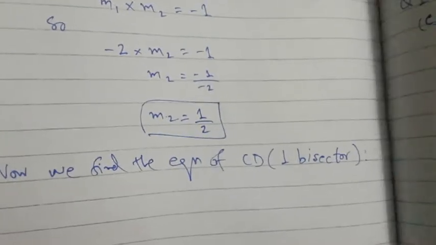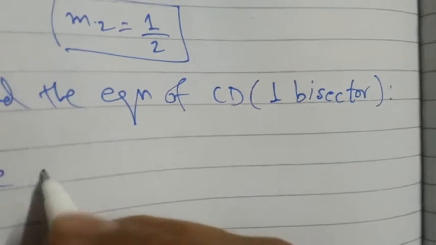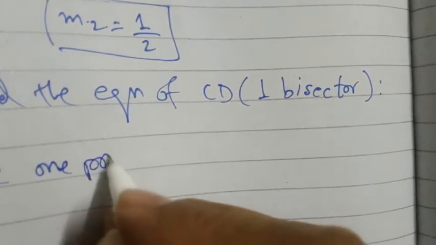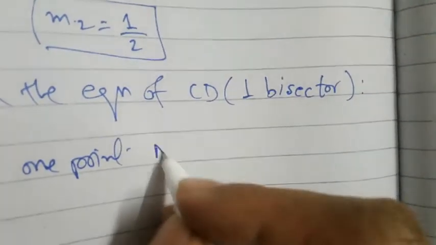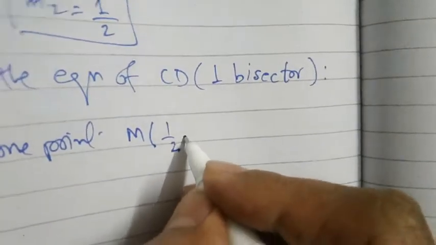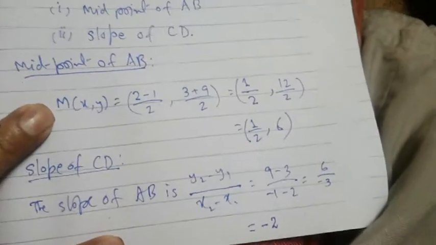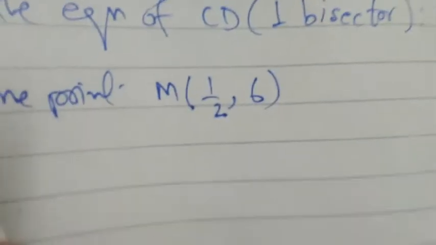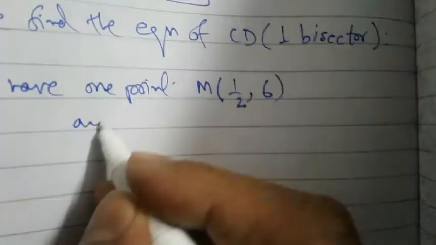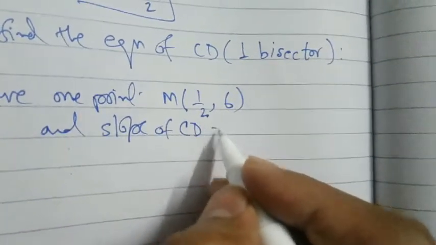Now we find the equation of the perpendicular bisector, that is CD. We have one point, that is the midpoint of AB. Its coordinates are 1 over 2 and 6, and we need the slope of CD. The slope of CD is 1 over 2.